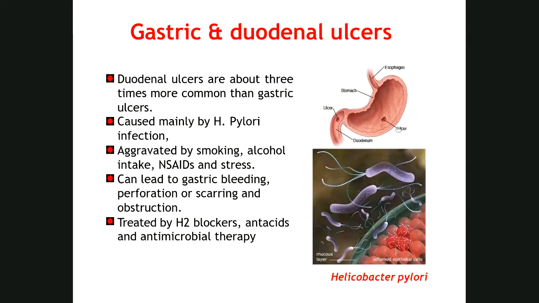Yep. So usually the treatment, if somebody has a gastric or a duodenal ulcer, is to use an H2 blocker. So remember the slide I showed you about the parietal cells and the proton pump? The proton pump inhibitor will block this pump and prevent acid from being secreted. And this will reduce the symptoms of ulcers.